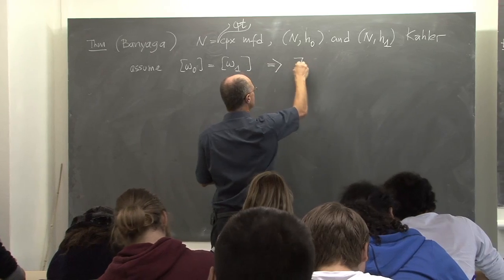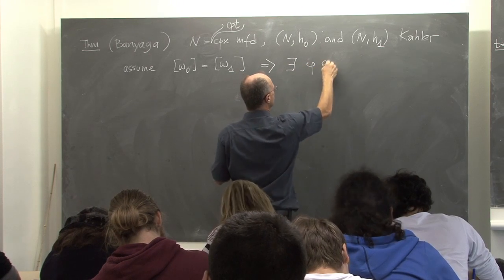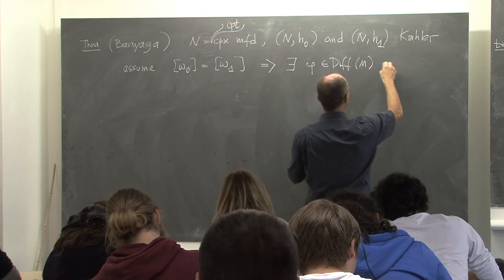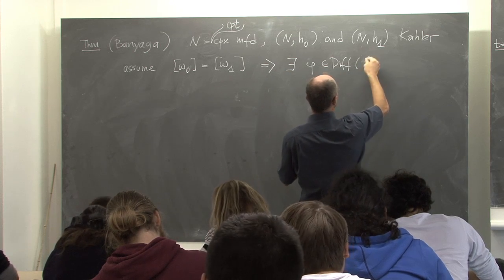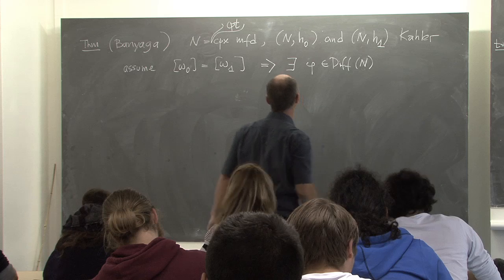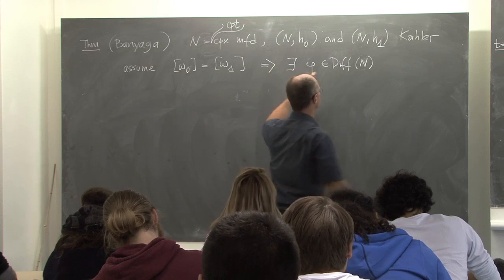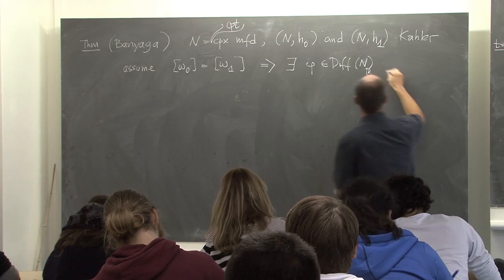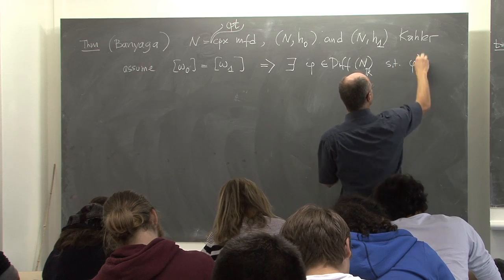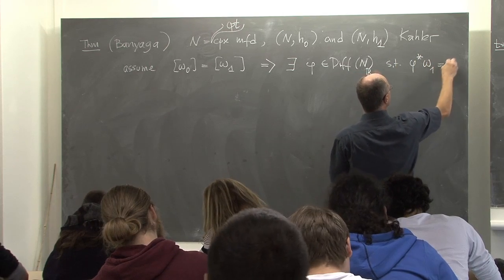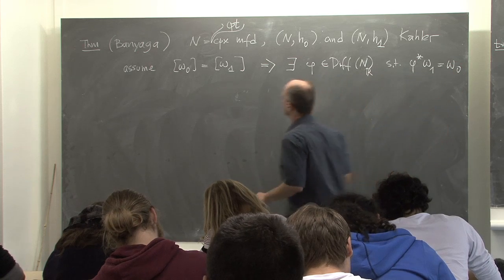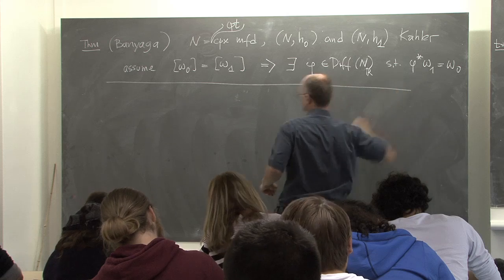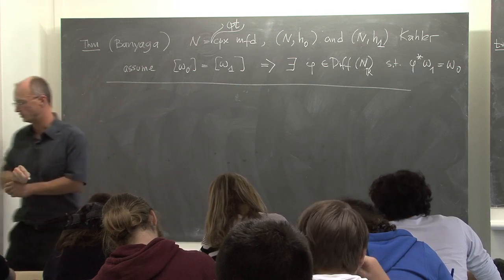So then there is a symplectomorphism. I don't know whether I should call it M or N now, but let's say a diffeomorphism of N, viewed as a real manifold, such that phi star omega 1 is equal to omega 0.